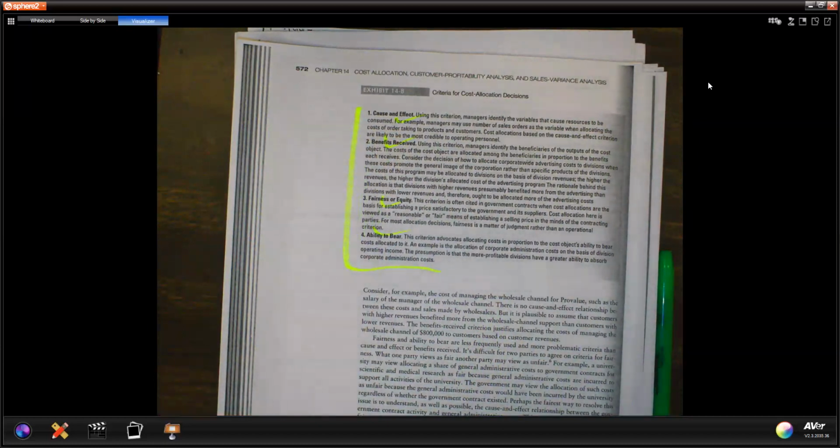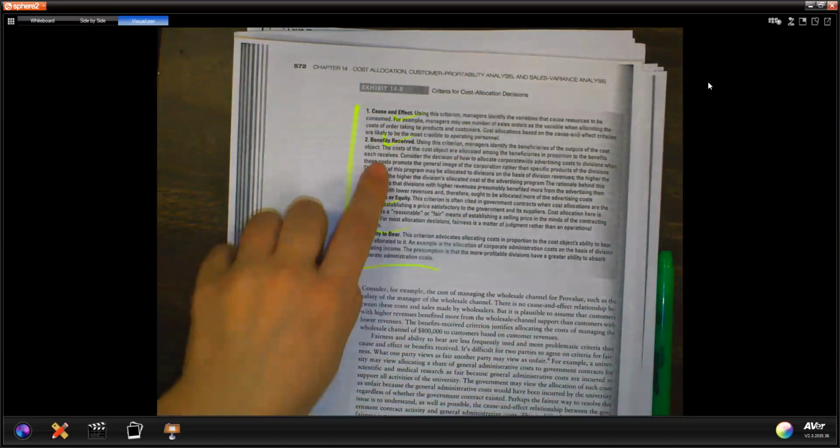Say the division designed a special product only for customer A, and the production design cost is $1 million. Then if you want to allocate, you have to allocate that $1 million to customer A instead of customer B, because customer A caused the cost.